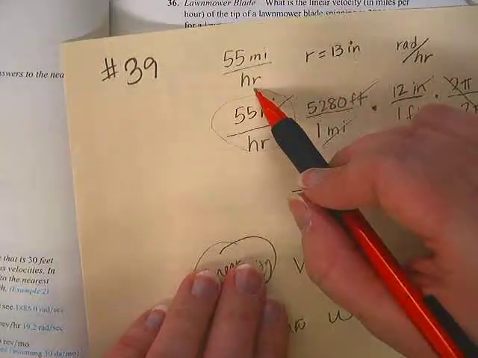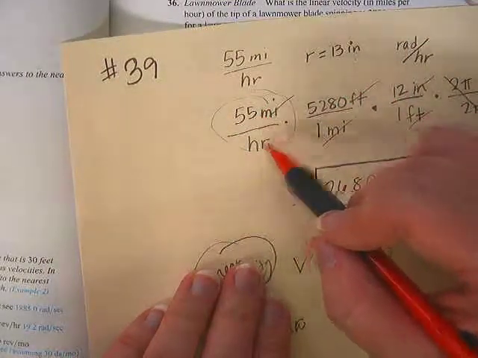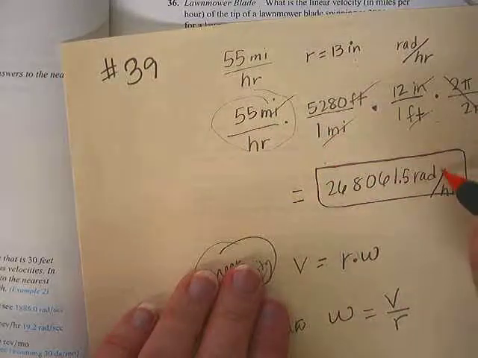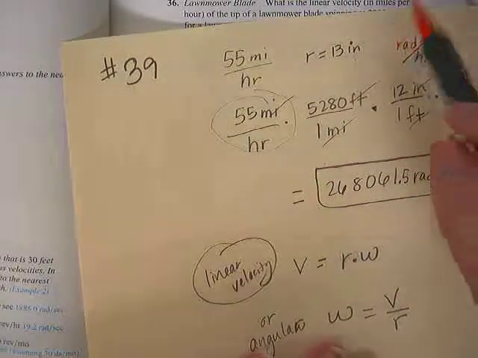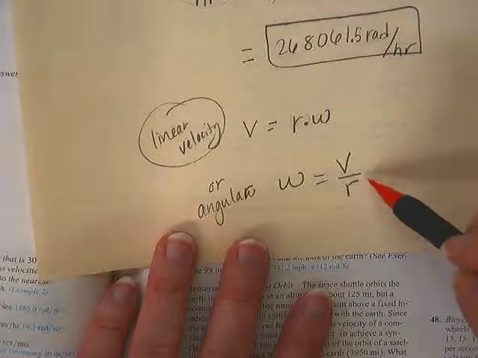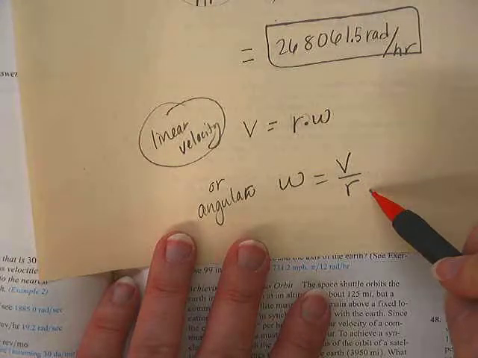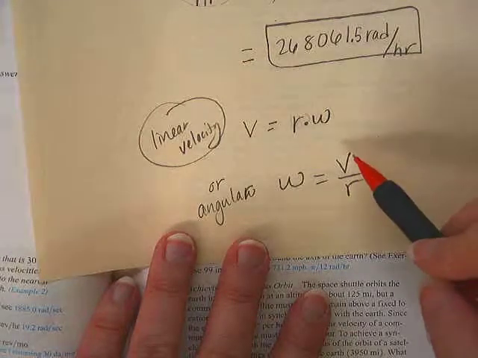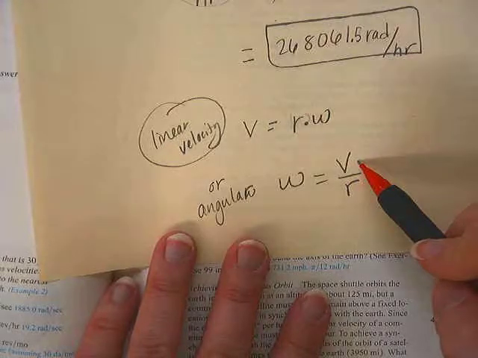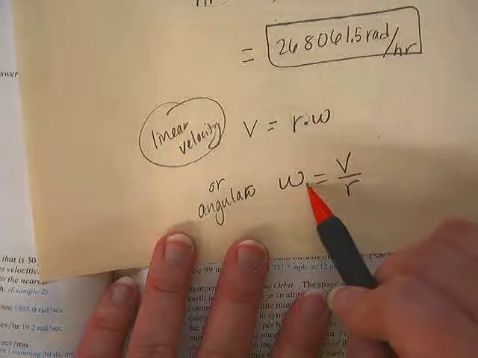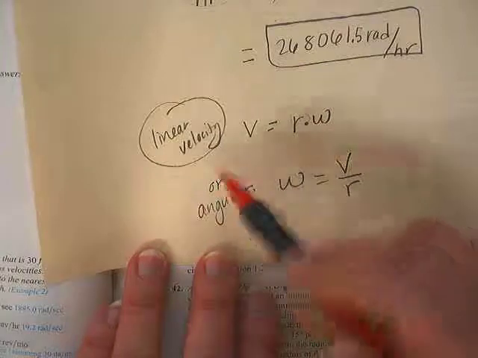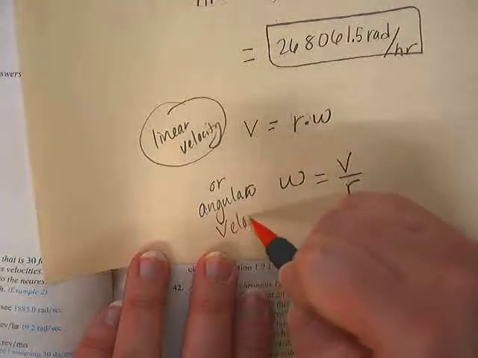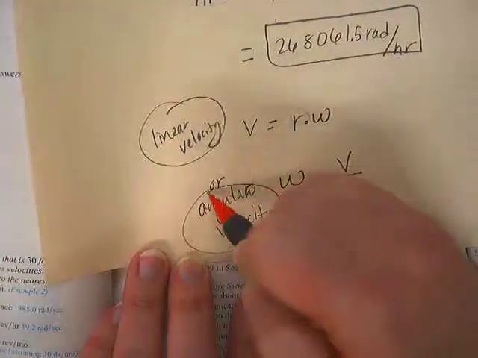So let's look at what we just did here. We took a linear velocity. We changed that linear velocity from miles per hour to inches per hour so it matched the inches. And then we simply divided by r, didn't we? So linear velocity divided by radius r gives you angular velocity.